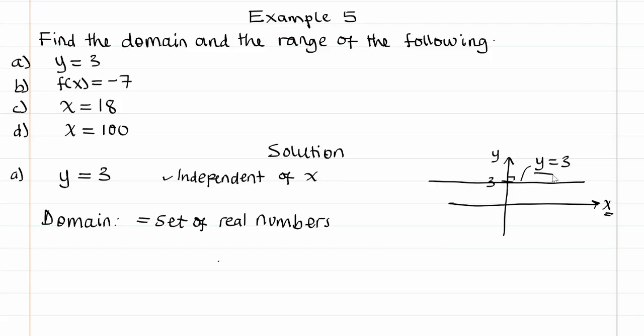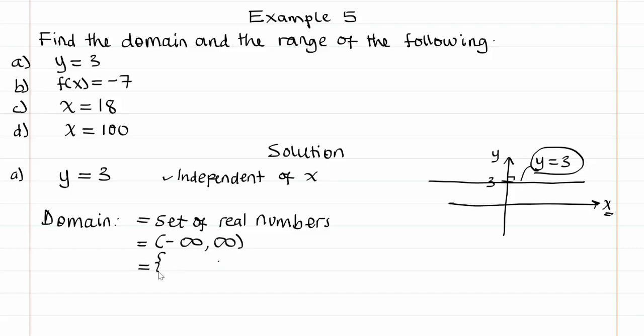The function will always remain y equals 3. That's why our domain, which is a set of the values of x, is a set of all real numbers. In the interval notation, our domain will be from negative infinity up to positive infinity.